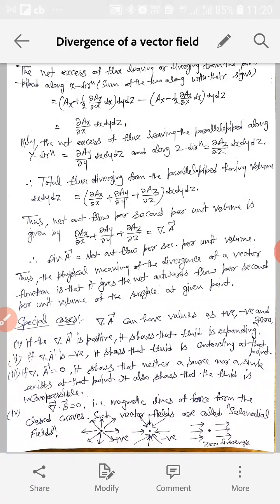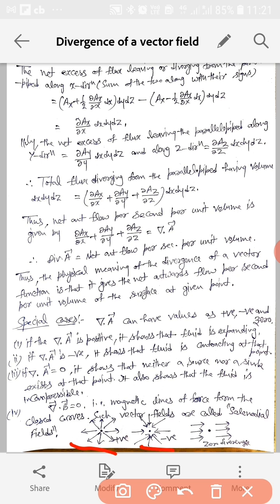An example of that is this curve. The electric field lines from a positive source are diverging out, so the divergence of the electric field of a positive charge is always positive. And if the divergence of a vector is negative, it shows that the fluid is contracting at that point.